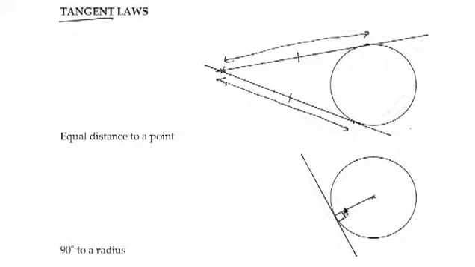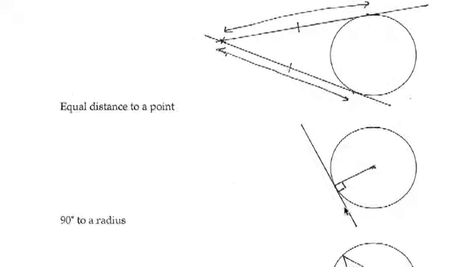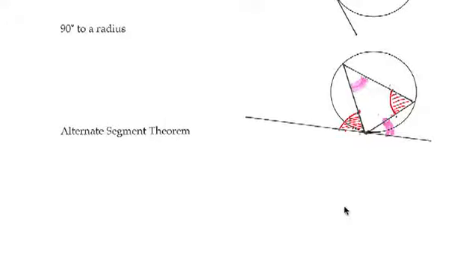And then we get on to the final and most complicated circle law, which is called the alternate segment theorem, which is that if a tangent meets a triangle within a circle like this, then this angle will be the same as that one, and this angle will be the same as that one.